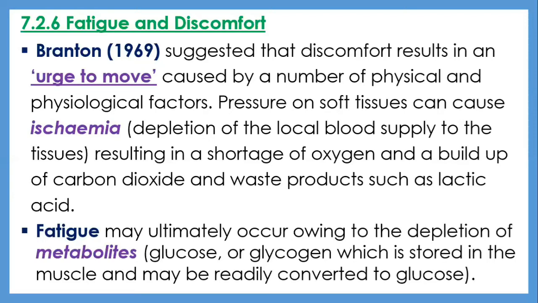So during sustained isometric contractions, the muscle is actually starved of oxygen and waste products accumulate as oxygen independent metabolic processes take place. And discomfort and fatigue occur rapidly during sustained isometric contractions for this reason.